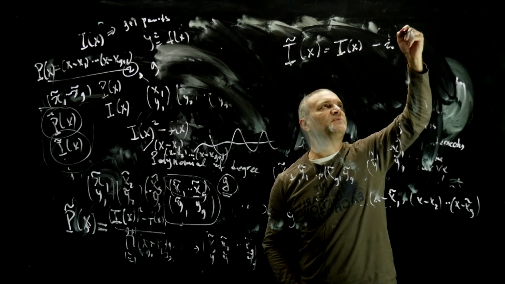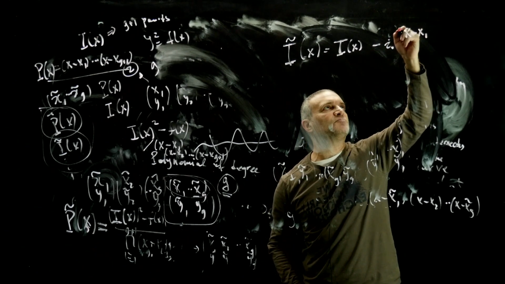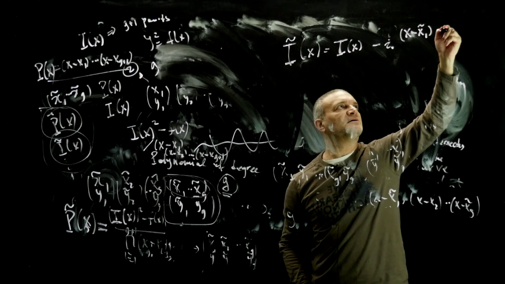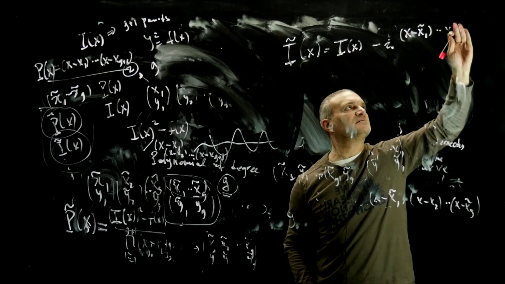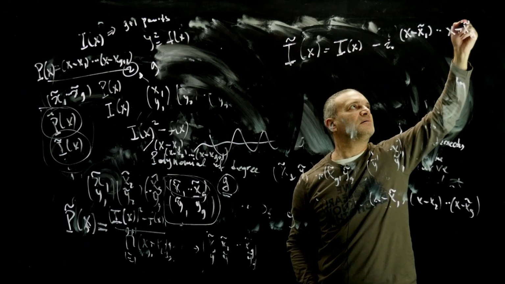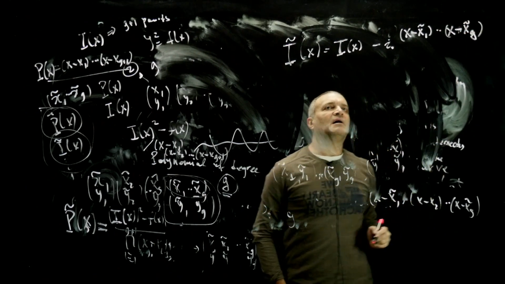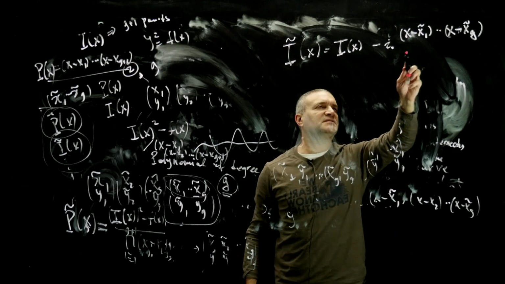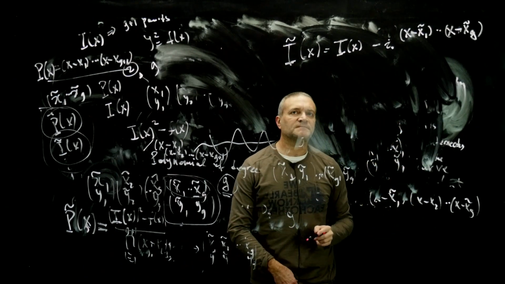And this is going to be x minus x1 tilde times x minus xg tilde. And maybe we should divide by something. We will see now, OK?